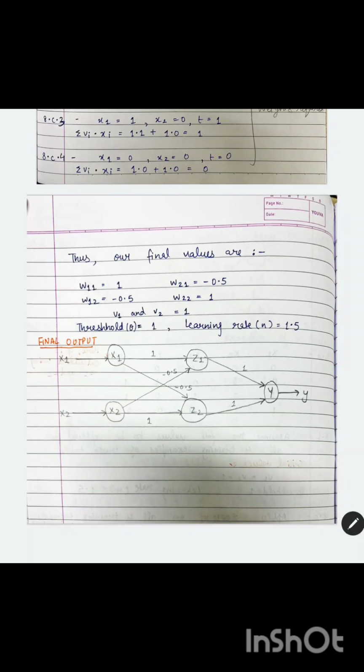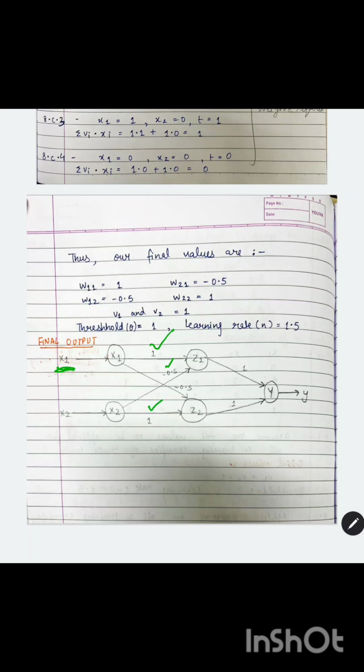So we have the value of x1, the weight for x1 is 1, which is W11, and the weight for x1 bar is minus 0.5. Okay, and then we have x2, the weight for x2 for z1 is minus 0.5 and the weight of x2 for z2 is 1.